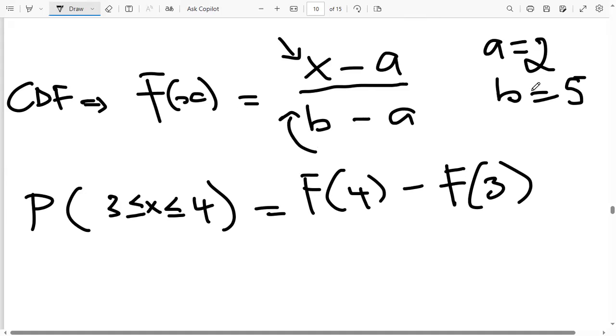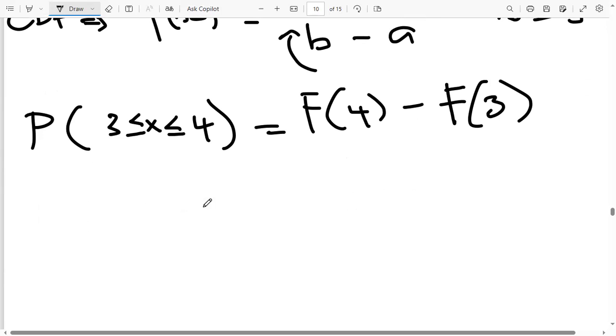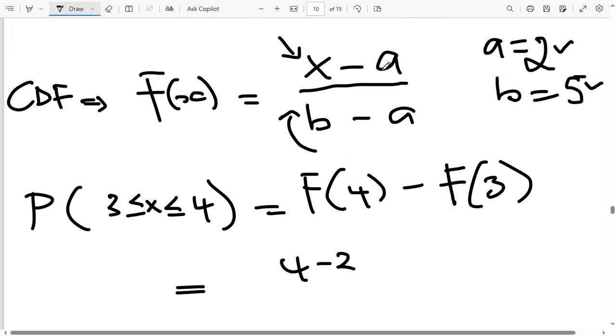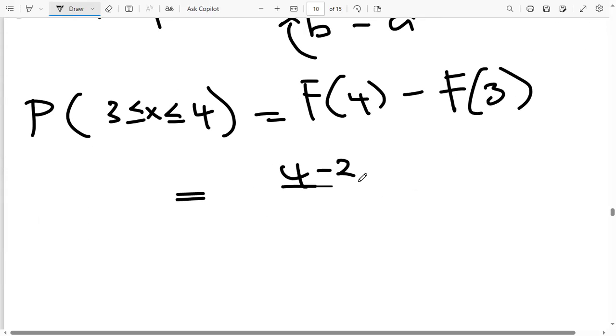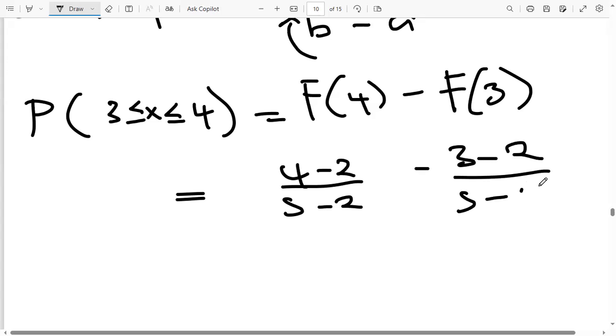But for A and B, they are constant. A is 2, B is 5. So we are going to say 4 minus 2, because this is X minus this, divided by 5 minus 2, minus 3 minus 2 divided by 5 minus 2.